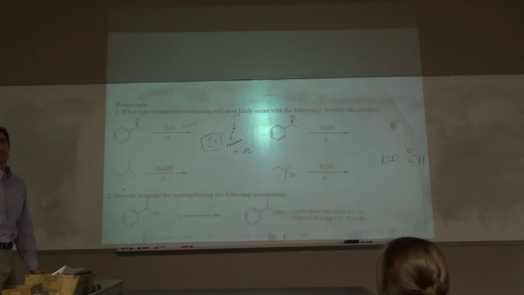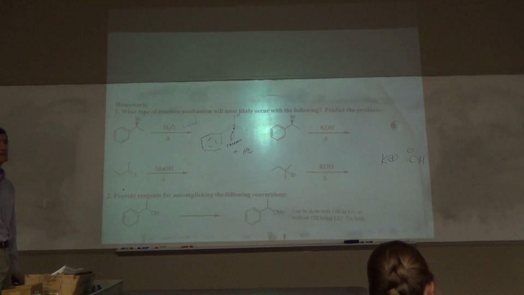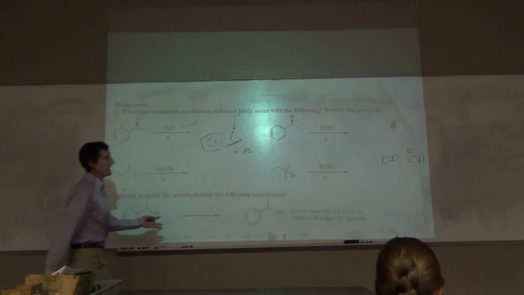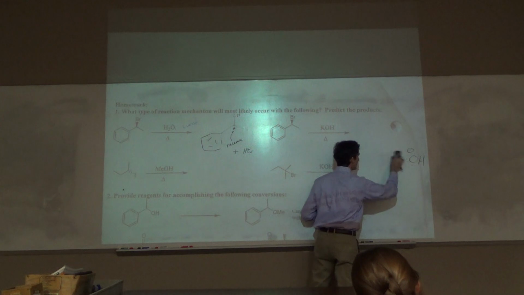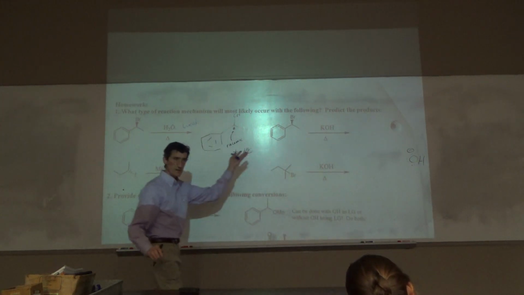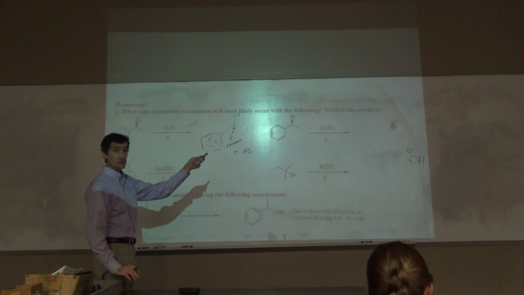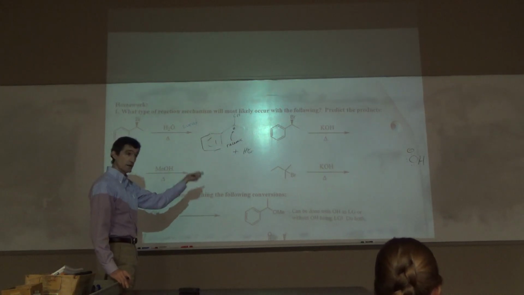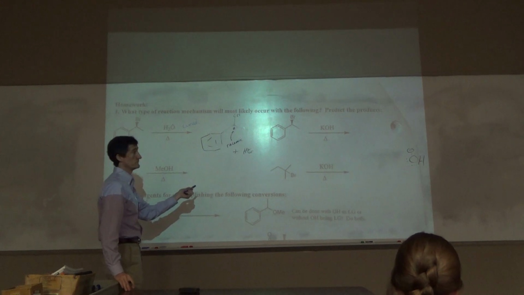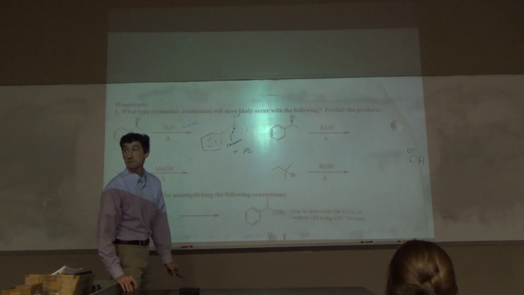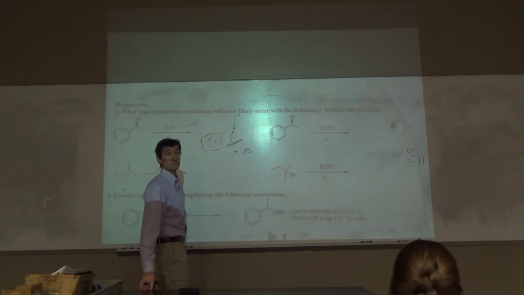I'm not going to treat my students like first graders. It's ionic, and we know that that's a spectator ion. It does nothing. It's hydroxide, and it's strong or weak? It's an anion. It's strong. Mechanism here: SN2. So show the product.